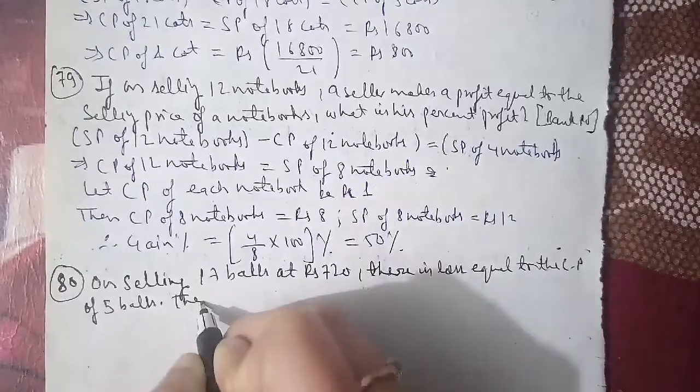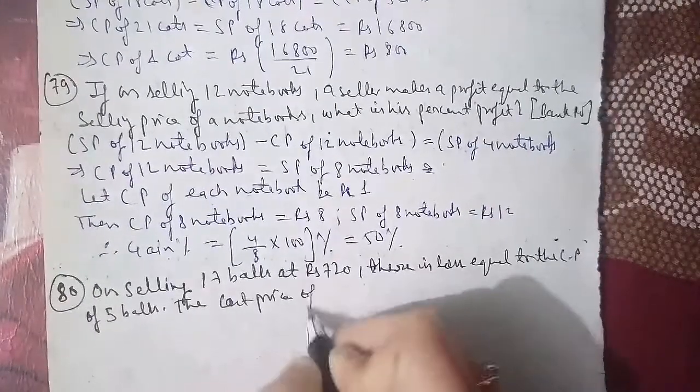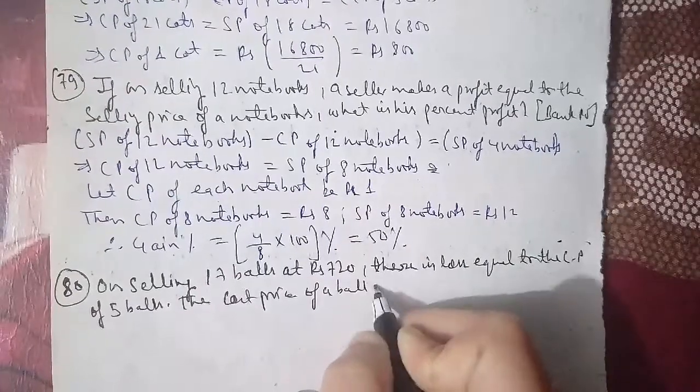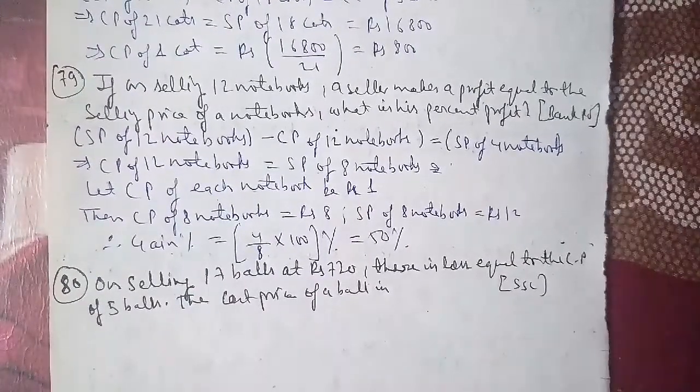The cost price of a ball is, asked in an SSC examination paper. The options are rupees 45, rupees 50, rupees 55 and rupees 60, and we have to answer it. So here we go ahead.